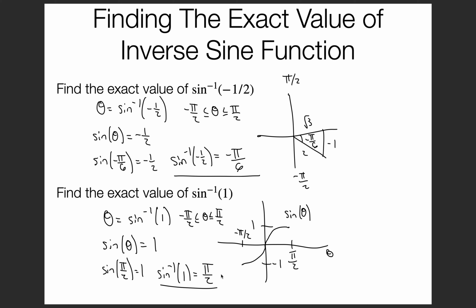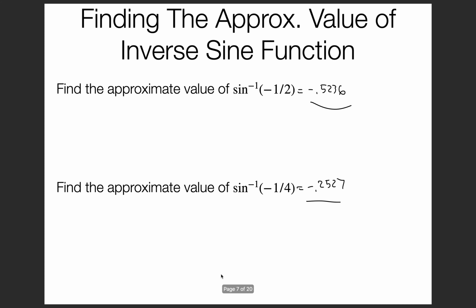Okay, so I didn't take nearly as much time on that one because I tried really hard to explain all of it on the first one. Now, finding the approximate value of the inverse sine function, meaning finding it with a calculator. I can't show you a calculator in this video, but I have a TI-83 in my hand, and I'll describe very quickly what to do.